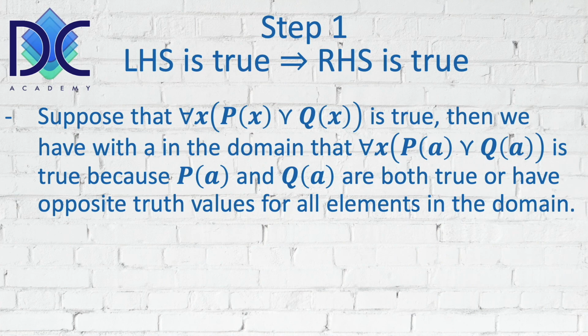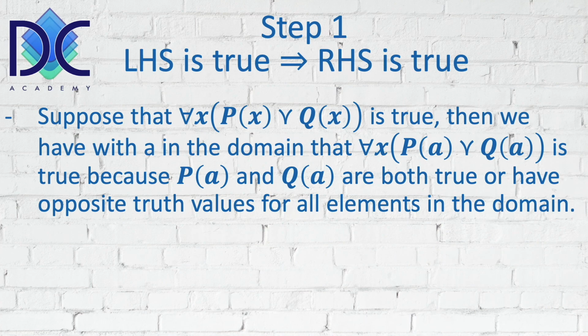So for p(a) or q(a), this is true because the truth values of p(a) and q(a) are both true or have opposite truth values for all elements in the domain. So if p(a) and q(a) are true, this disjunction is true.